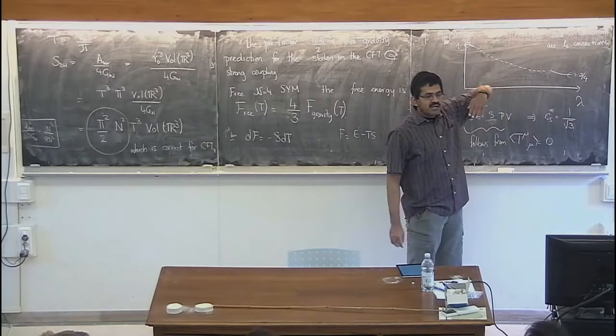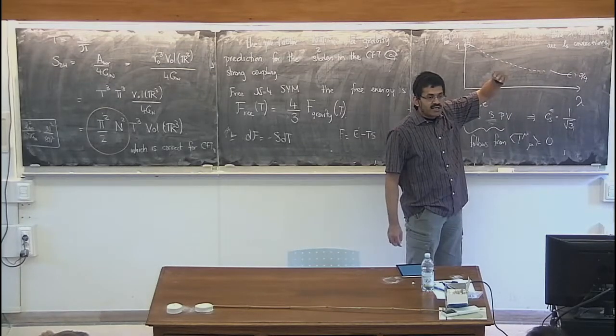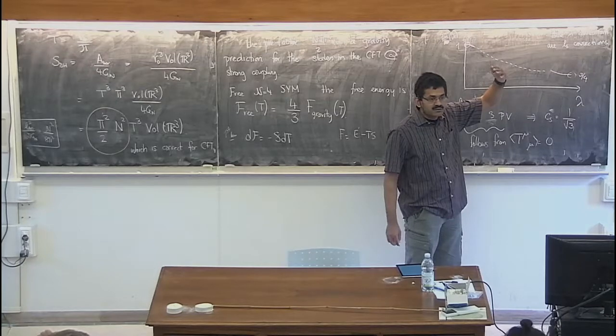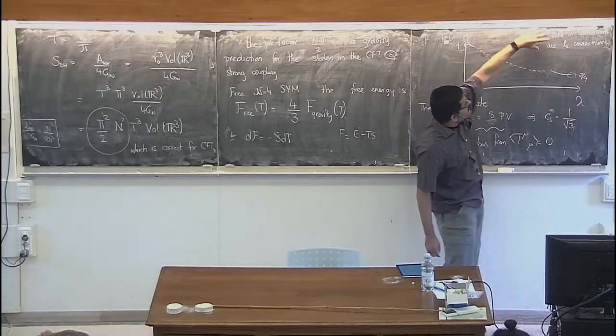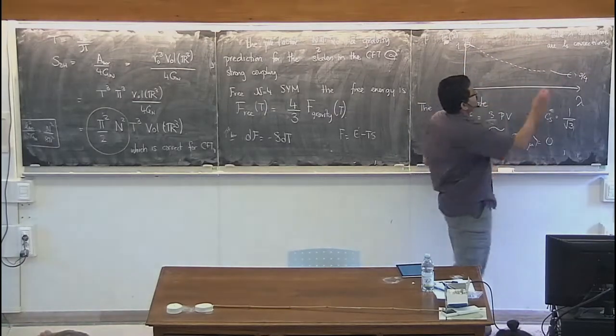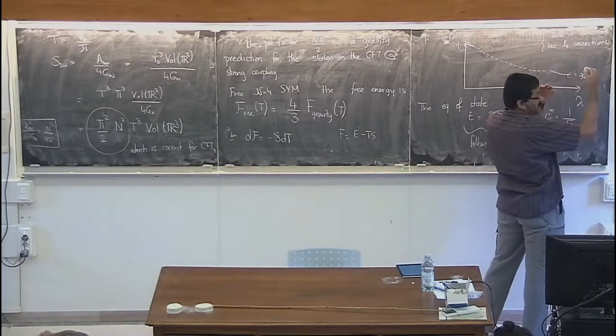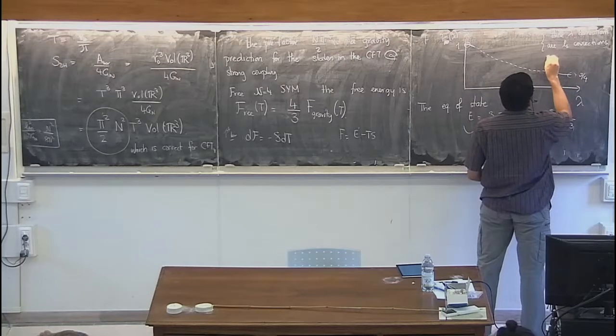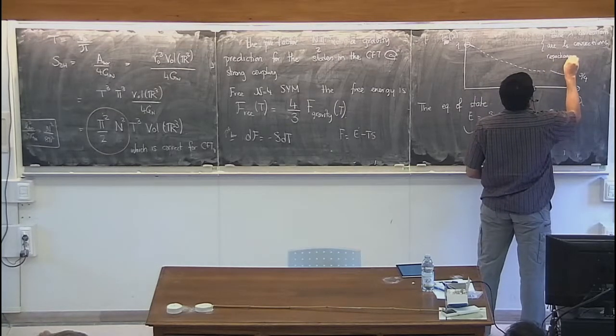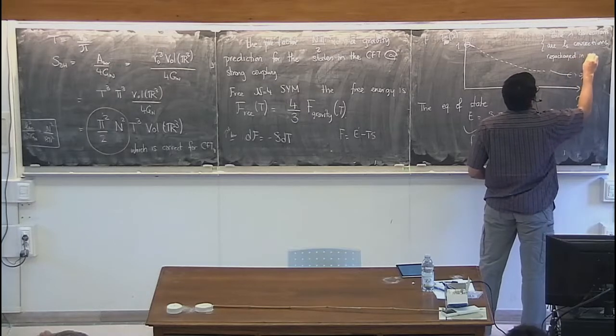Because L string over L AdS was related to lambda. 1 over N corrections were L Planck corrections. Okay. So since these are L string corrections, you can take the answers from string theory and repackage them into modified gravity dynamics.